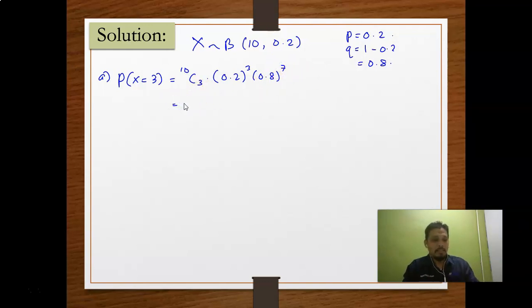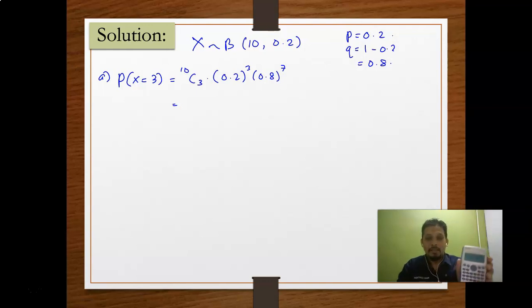Again, for this one now, 10C3, 0.2 to the power of 3 and 0.8 to the power of 7.